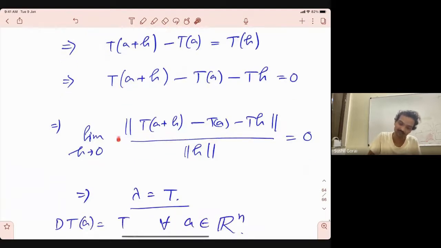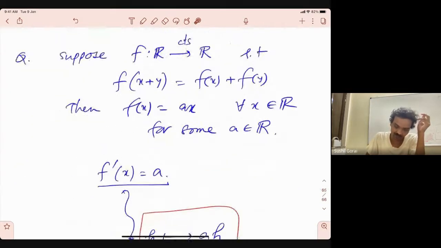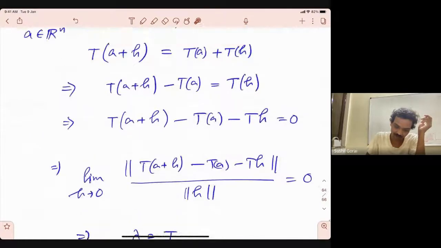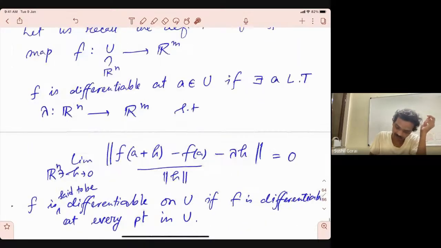If you look at your real analysis derivative in terms of this limit, you will see t will be replaced by f prime a h. All right. So is this clear? So that is the use of linear transformation here.